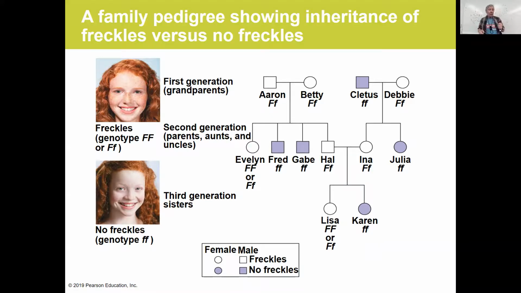And that's what a carrier is. A carrier is a person or an organism that is heterozygous for a recessive allele, that could be a really dangerous recessive allele that causes a genetic disease. So it could just not be the lack of freckles.